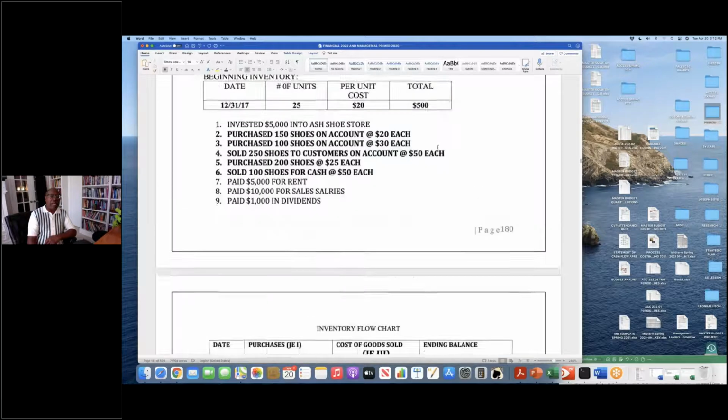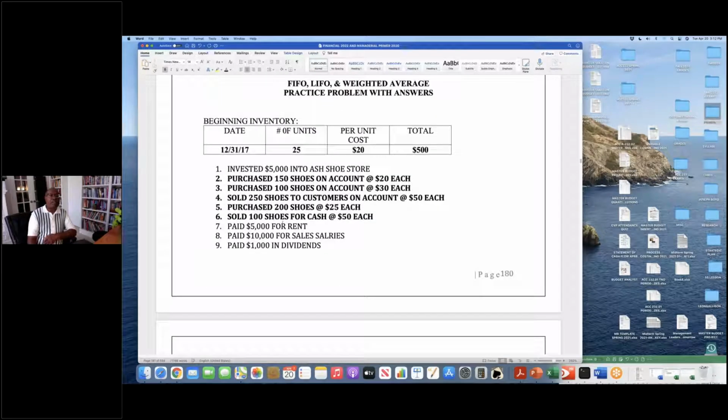So we come back up, and now there's a sale of 100 pairs of shoes for $50. The first one was on account, so we're not as concerned at this point whether they're for cash or on account. But it says we sold 100 pairs of shoes for cash at $50 each. So what are we going to do now?